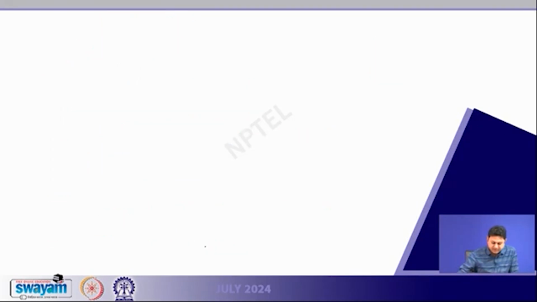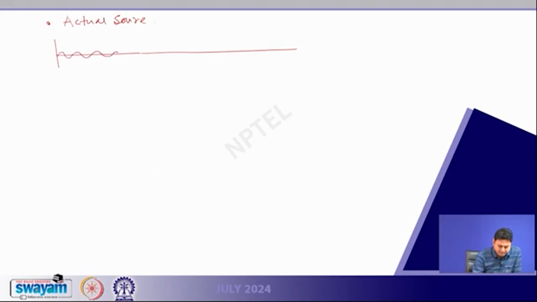Let me try to understand this with figures. For an actual source, the disturbance that is coming looks like this: suppose we have a radiation, then there is a sudden jump of the phase, and we have a radiation.